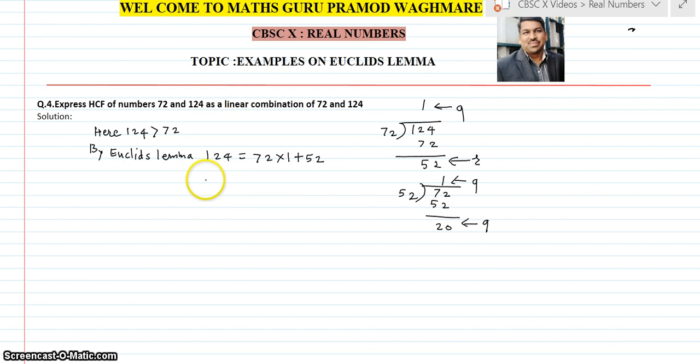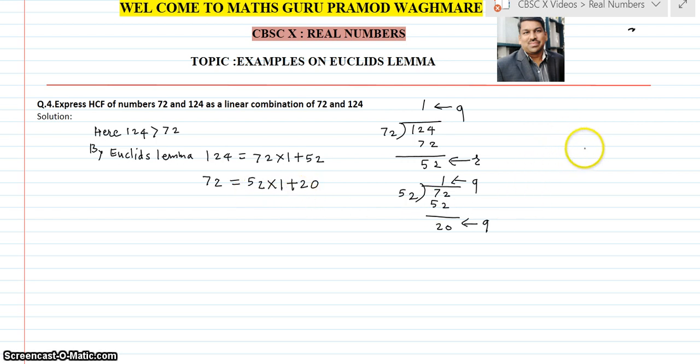So we can write 72 is equal to 52 into 1 plus 20. Again the remainder is not 0, so to find the HCF, we have to divide 52 by 20.